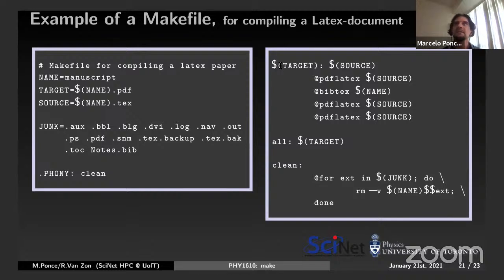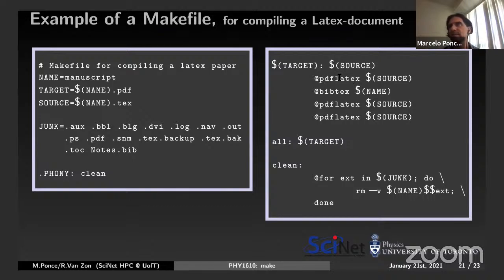Then the dependencies or the rule states that the target, in this case whatever it is, manuscript.pdf, depends on the source. And you can put there many other things, like if you have figures that need to be generated or regenerated, or if you have modules or documents that are part of the main document, you can put them in there.